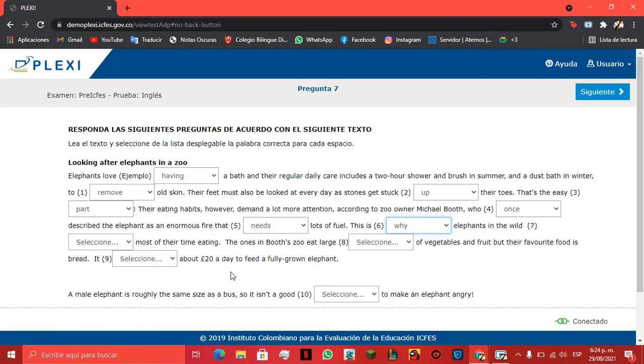So this is why elephants in the wild continue to spend. I think here the answer is spent, because spent is like waste, and here it's the time they spend eating. So that's why, for me, this is the answer.